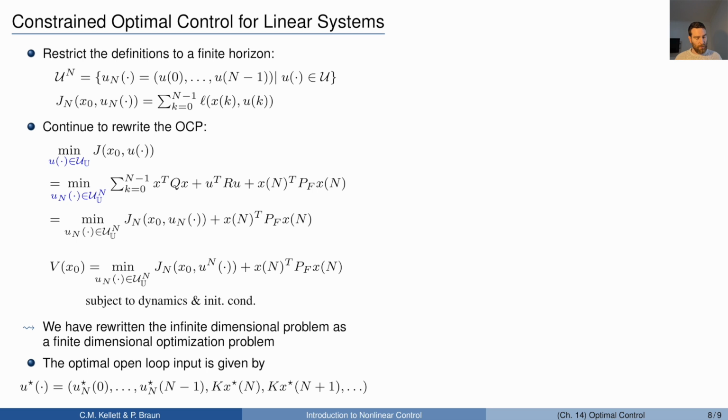The optimal open loop input in this case is given by these optimal components from 0 to N minus 1, and the remaining components are simply given through k times x star. So here we can use the components of the unconstrained setting.